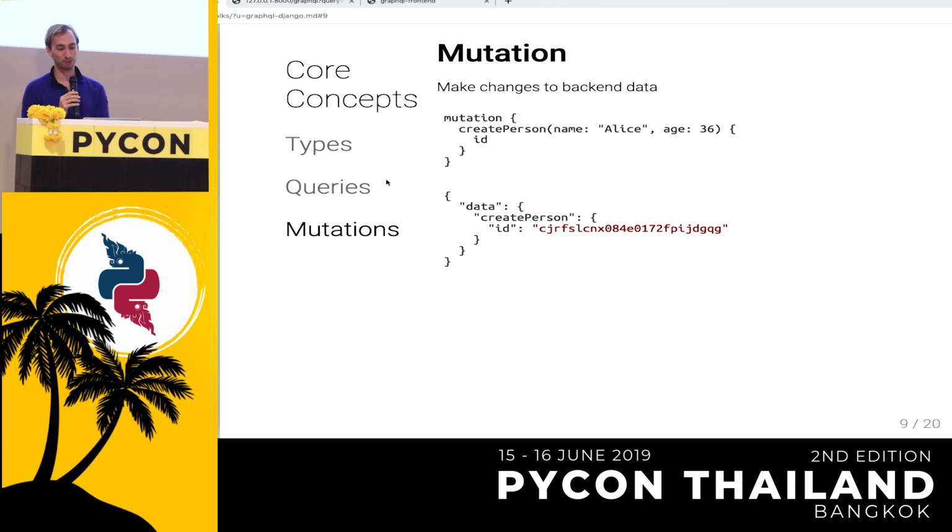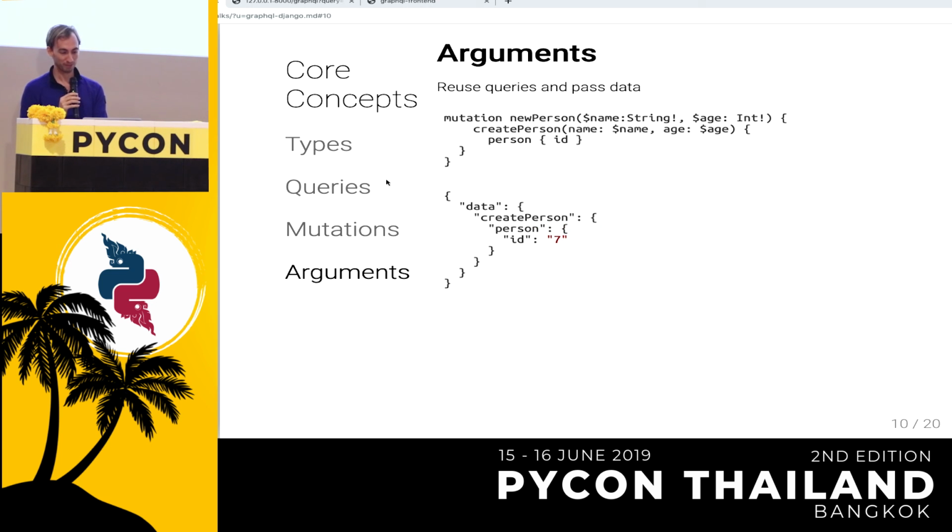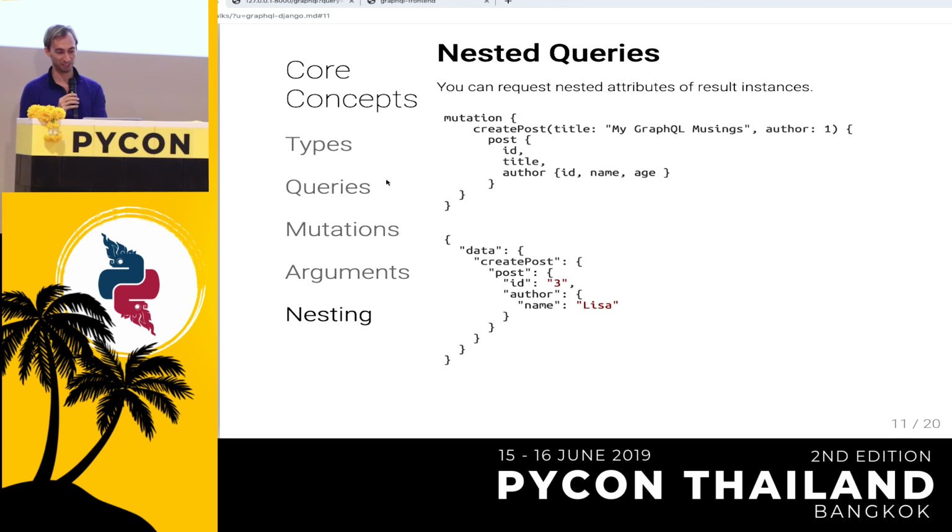And same as with a query, you can decide which fields you want back. For example, if you create a new model instance, you probably want the ID back. Then you can use arguments to make your GraphQL queries more reusable, to avoid writing the same GraphQL code again and again.